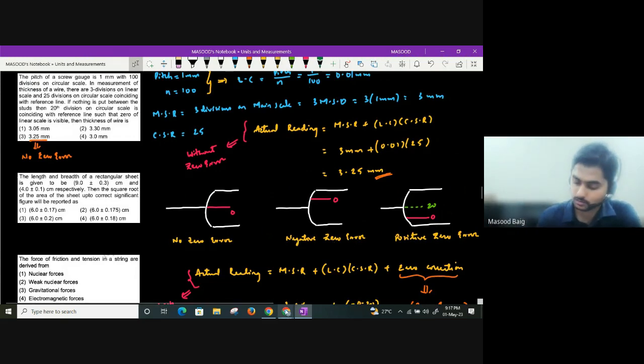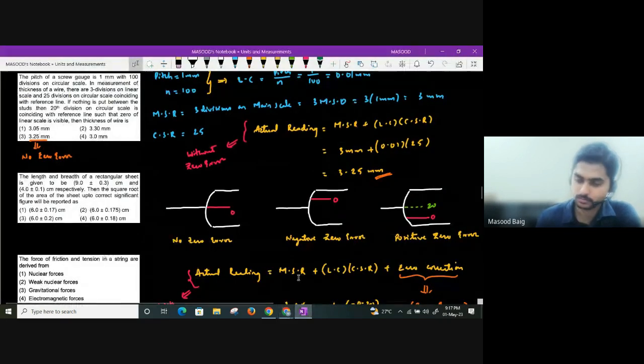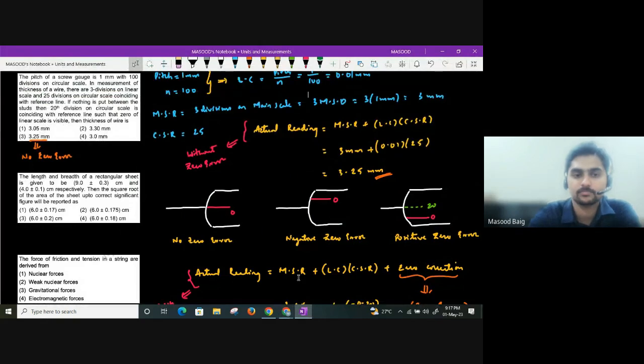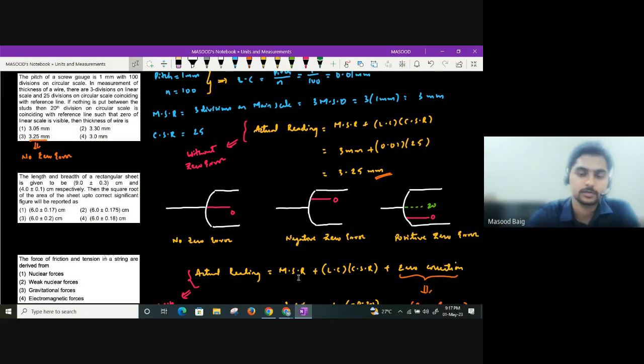Any problem? Any doubt? One division on the circular scale will have a reading corresponding to 0.01 mm. So 20 divisions will have 0.20 mm. Understood, all of you?